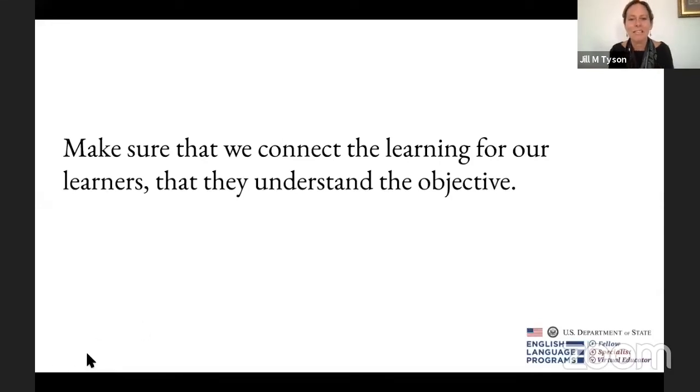We want to make sure we connect this learning for our learners so that they really understand what we're doing. One way to do this is to put on the board every day what it is you want your students to go away with. Many of you have heard about the KUD, where K stands for know, U is understand, and D is do.